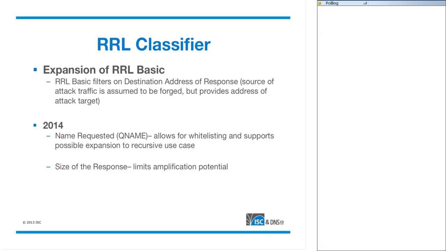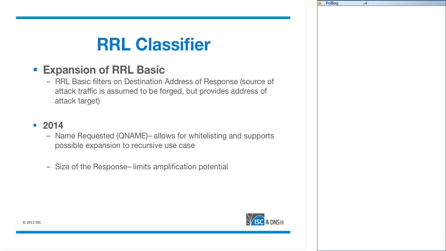The other part is that this begins to, and I say begins because we're still very early on this part, but this begins to support possible expansion to the recursive use case. So as it stands right now, RRL is only recommended for authoritative servers.